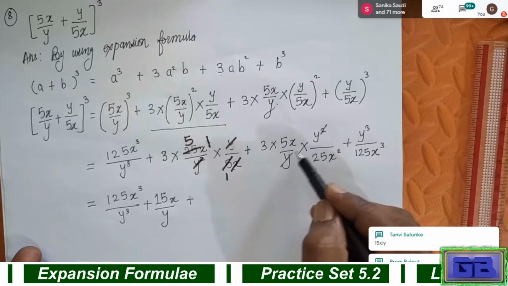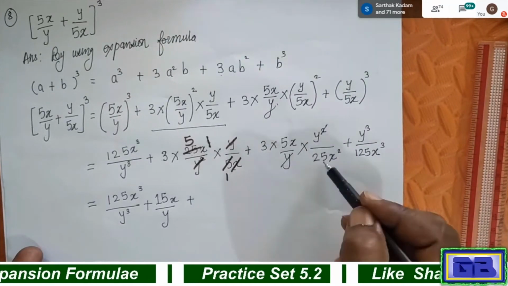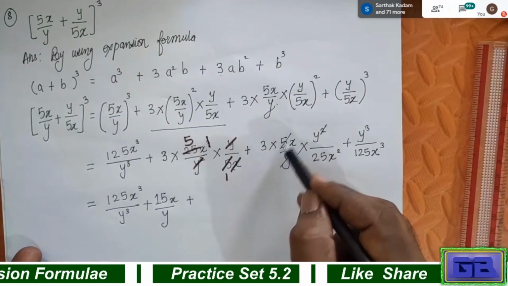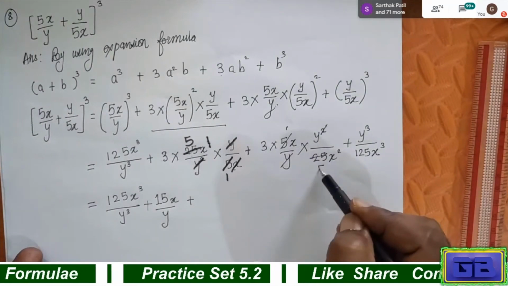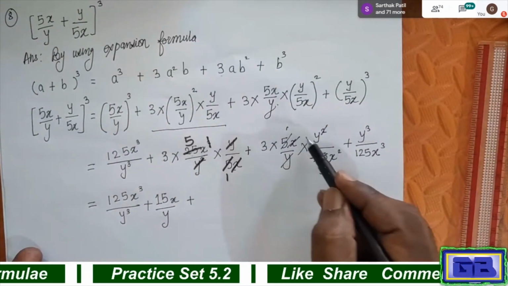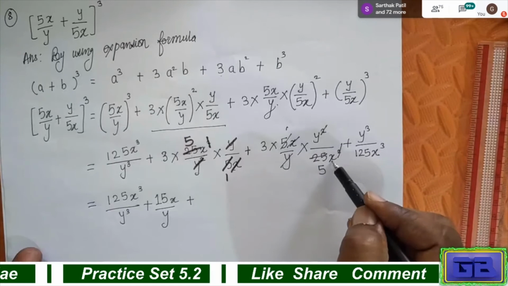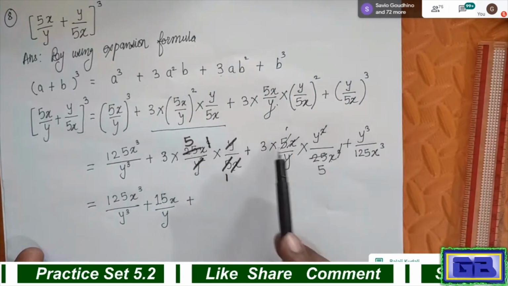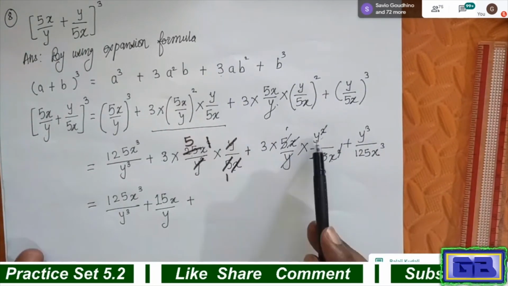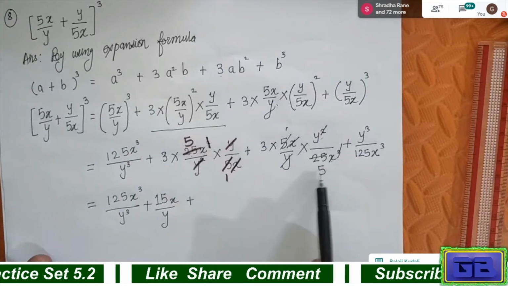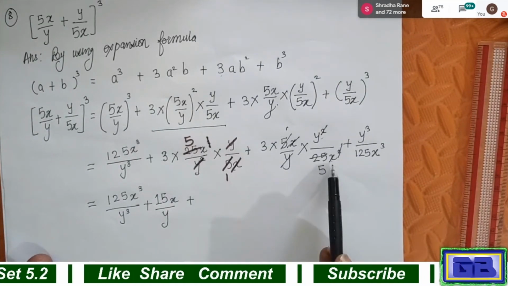And again from 25, here 5 1s are 5, 5 5s are 25, here x and here x is left here. Now what things are left here? Up 3 is left and y is left, and down 5 and x is left.